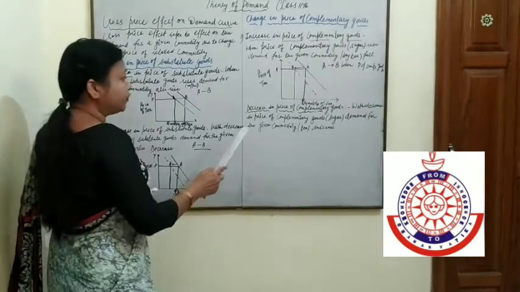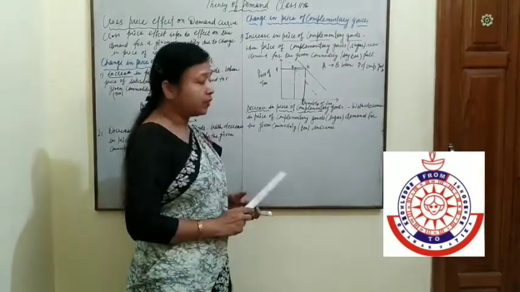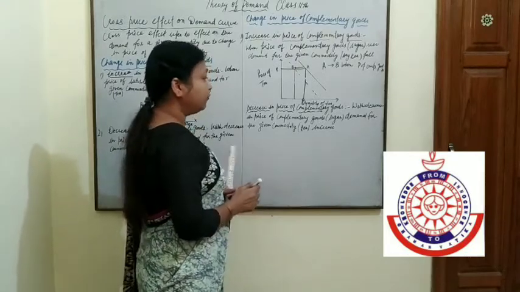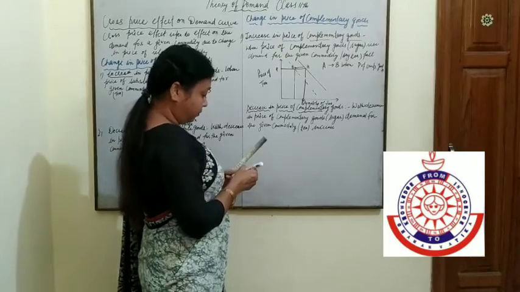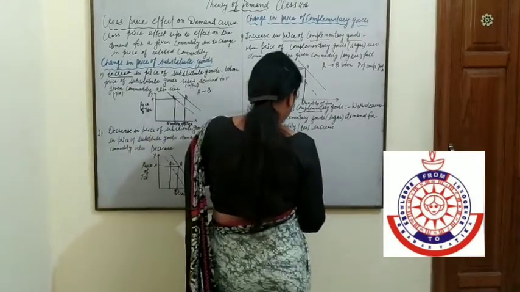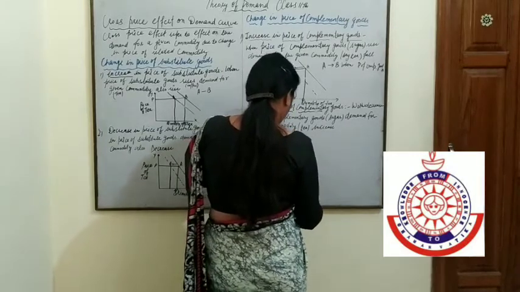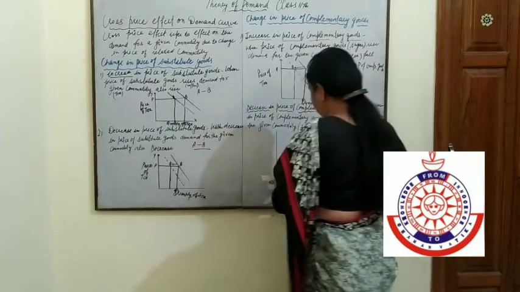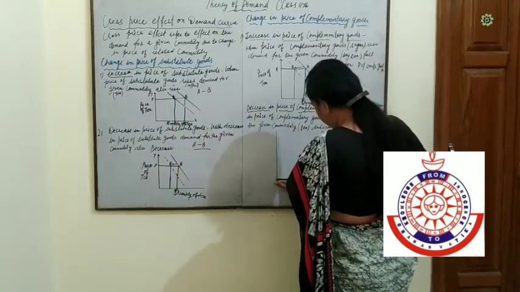Now a decrease in the price of complementary goods. With a decrease in the price of complementary goods, the demand for the given commodity is increased. Let us see. We are taking the price and quantity of the given commodity, tea.